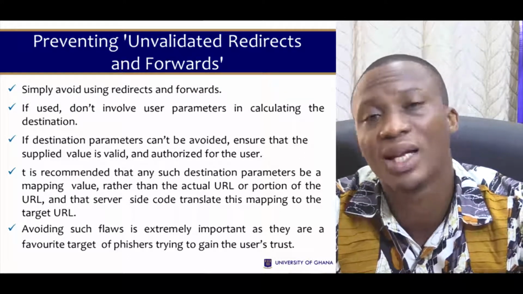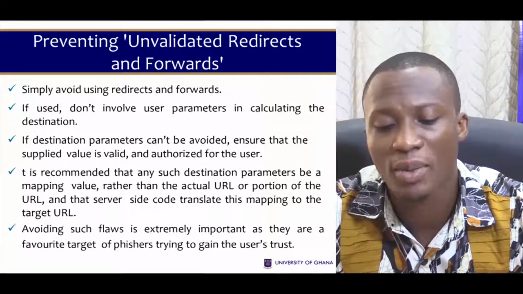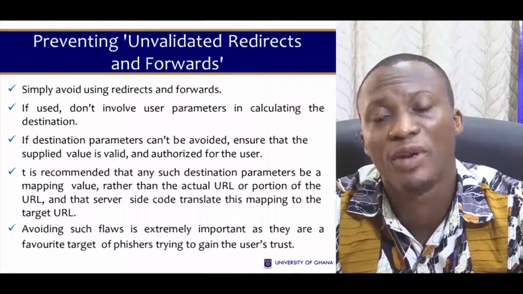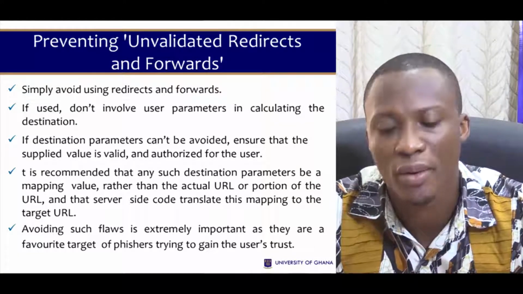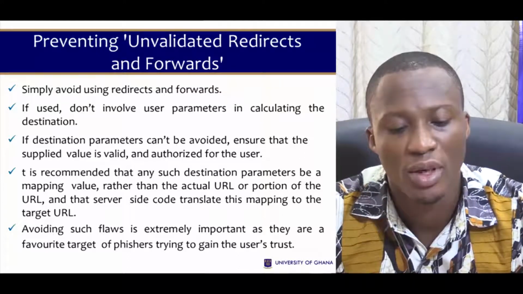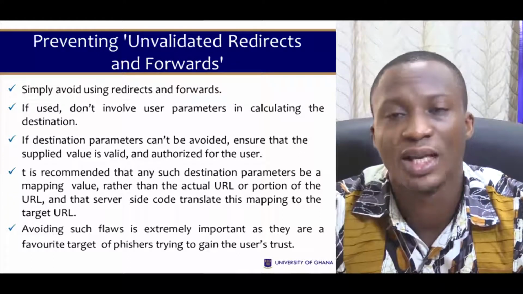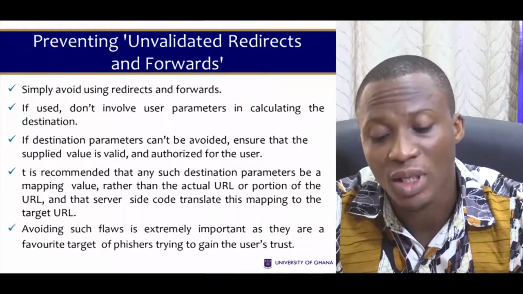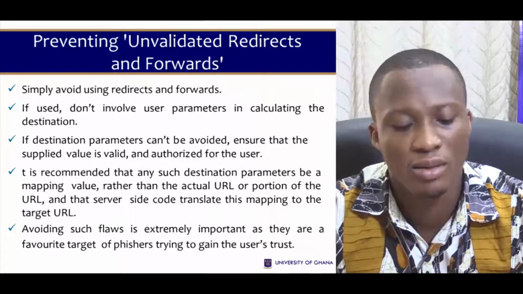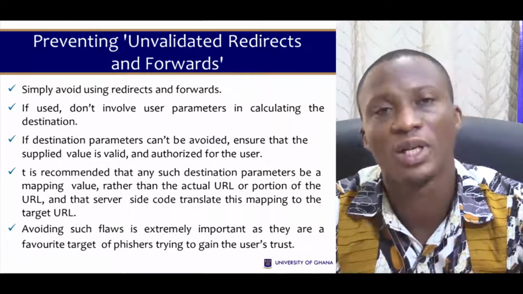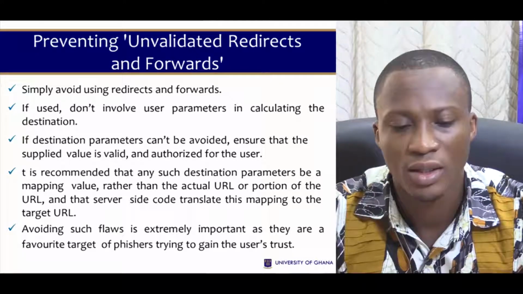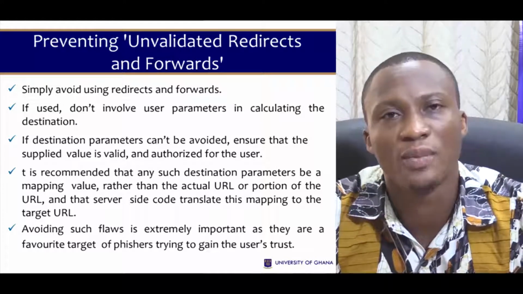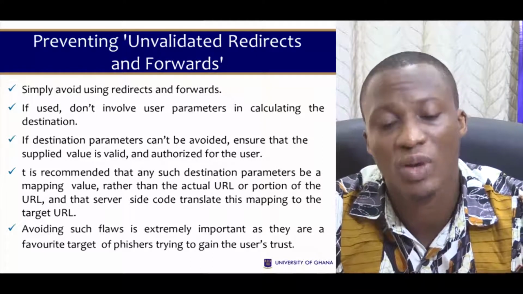It is recommended that any such destination parameters be a mapping value rather than the actual URL or portion of the URL. Avoiding such flaws is extremely important, as they are a favorite target of phishers trying to gain the user's trust.